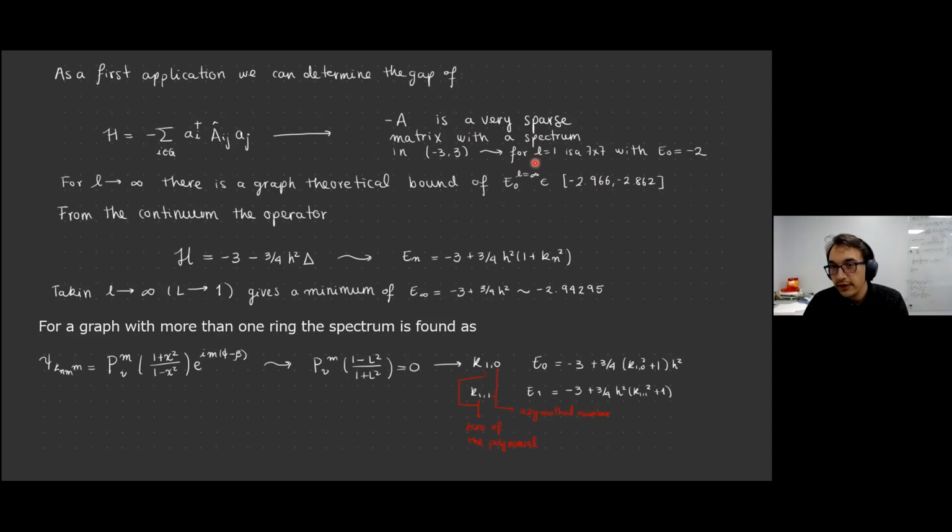And for a baby case of L equals 1, this is just a 7x7 matrix where the ground state will have an energy of -2. But adding the next ring will increase the size to 35. So then it's a 35 by 35 matrix, and this grows exponentially. So it becomes intractable very fast.